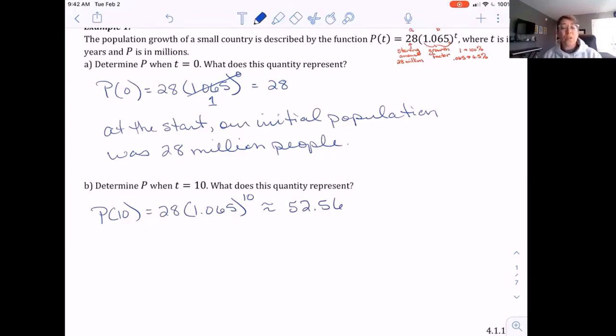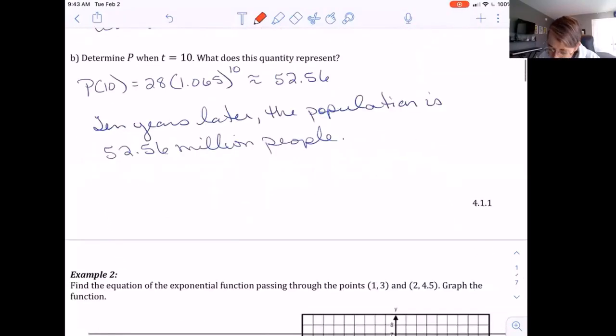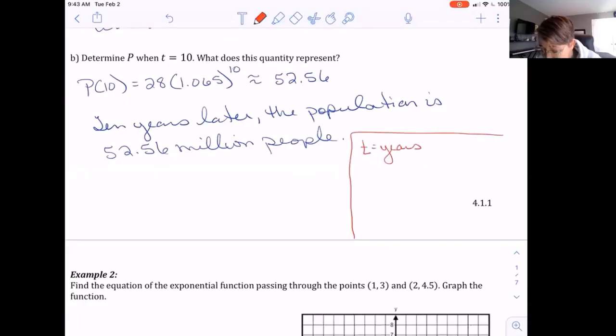And so what does that mean? Well, if T is 10, that just means 10 years later from our start, the population is 52.56 million people.